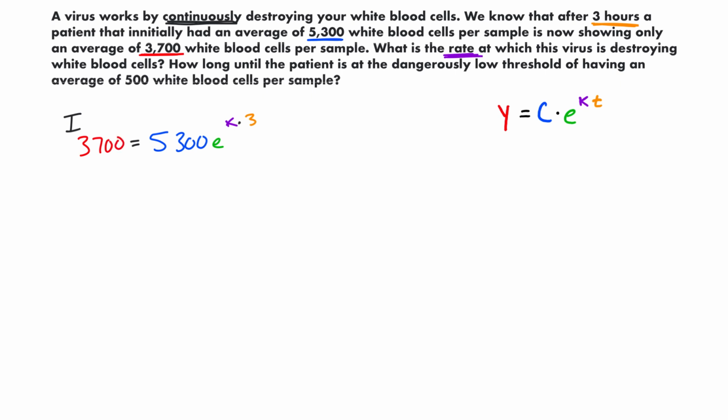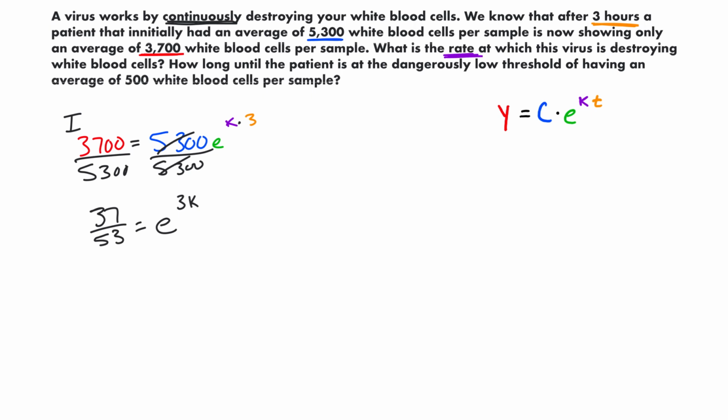So with this function, we can now determine whatever this virus is, we can determine the rate it is destroying this person's immune system. First step, I'm going to divide both sides by 5,300. That'll give me 37/53 equals e to the power of 3k. I want to solve for that k. In order to solve for the k, I recognize it's an exponent. In order to solve for an exponent, I need to use logarithms.